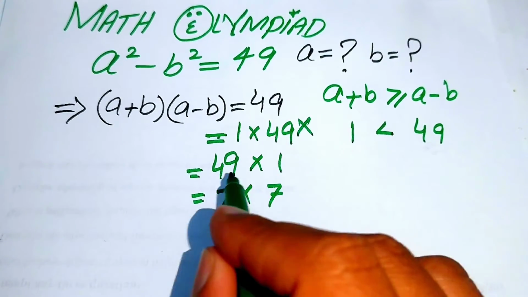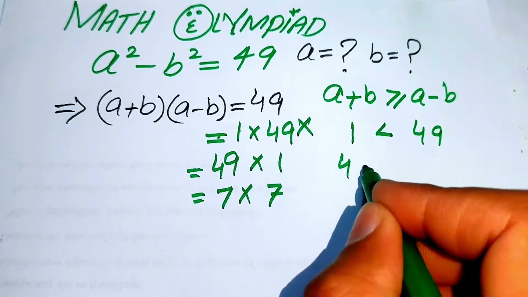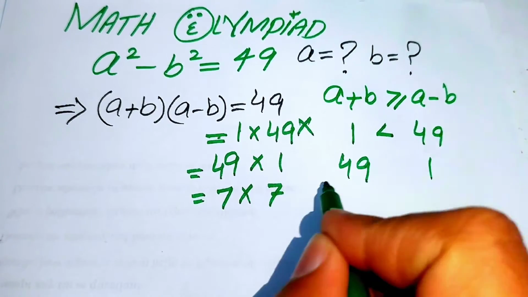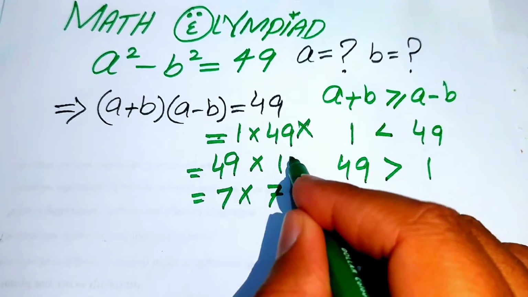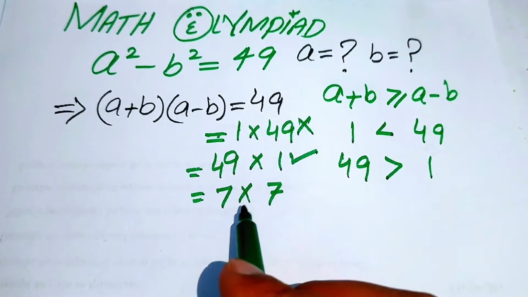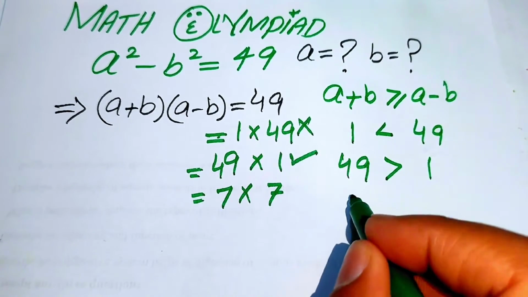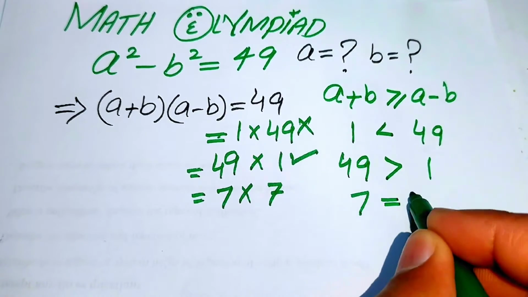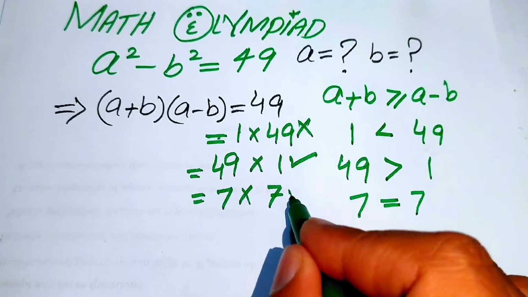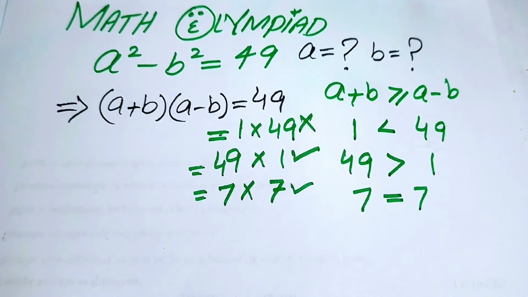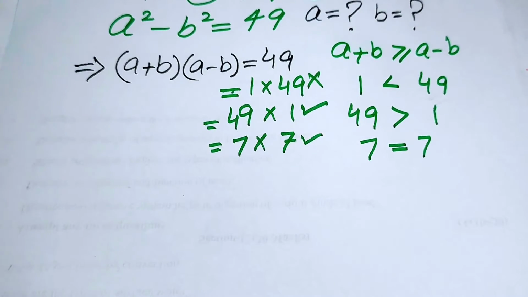Now when we compare the second case, we have 49 and 1, and 49 is greater than 1, so it satisfies this condition. We choose this case. After that, we have 7 equals 7, so it also satisfies this condition, and we choose this case also. So we have two cases in which we solve this equation.